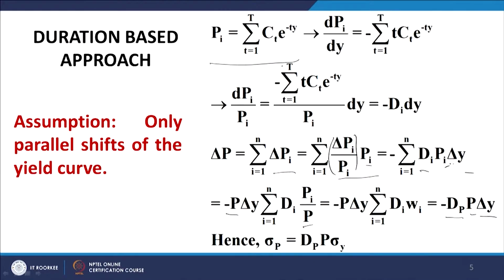Now, in the context of what I have just mentioned, look at what I have done here. I have taken delta y outside the summation. Because I have taken delta y outside the summation, I am implicitly assuming that delta y is the same for all maturities. In other words, I am assuming a parallel shift in the interest rates, and this in fact happens to be the biggest drawback of this model.